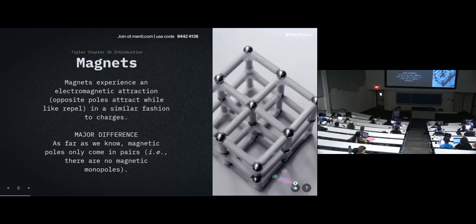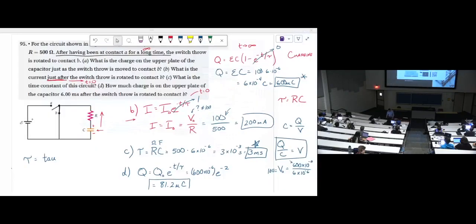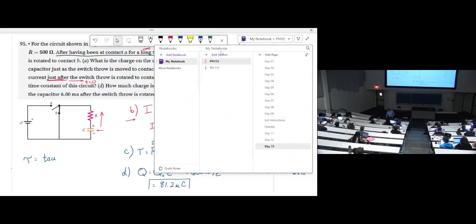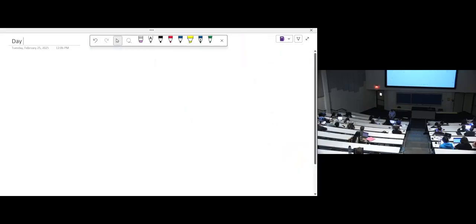What monopoles mean is, if I could switch gears here and go back to our class notebook, what this would look like if there were magnetic monopoles is that you could have little north charges by themselves that pushed out a magnetic field, and you could have a magnetic south pole that did something like this, and in that case, they would more or less behave the same way as charges, right?